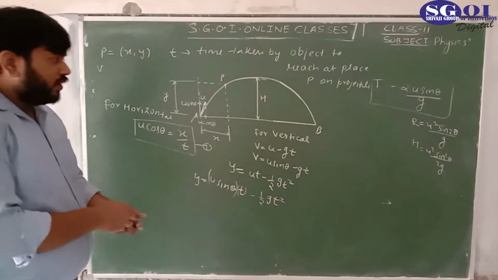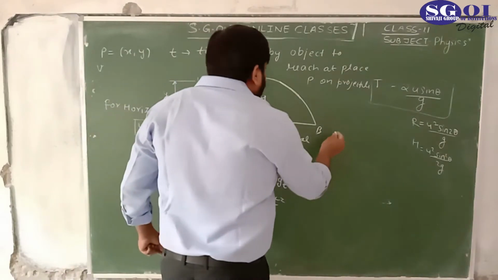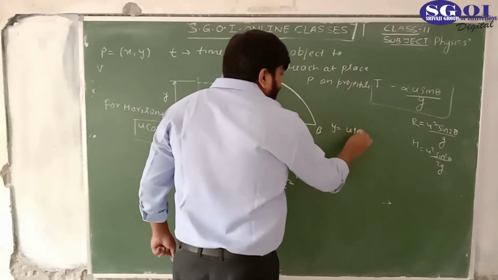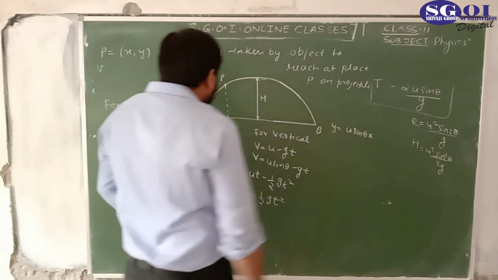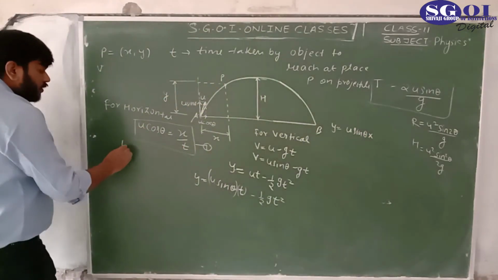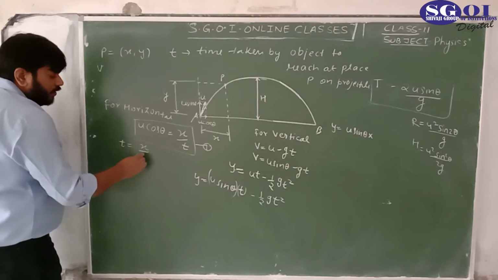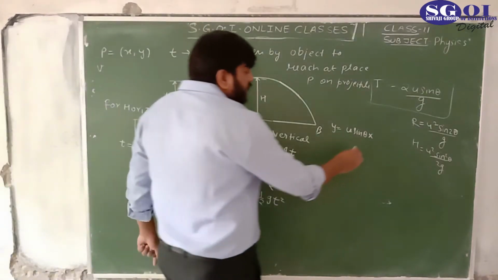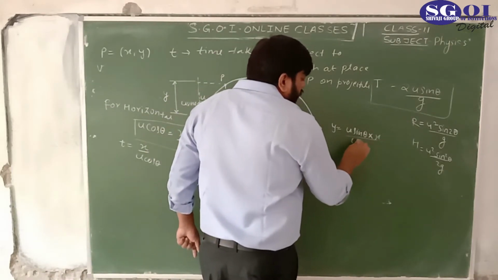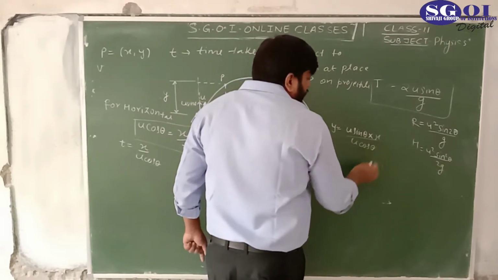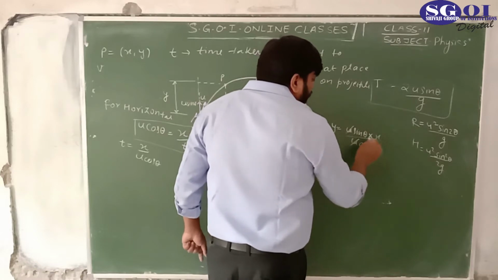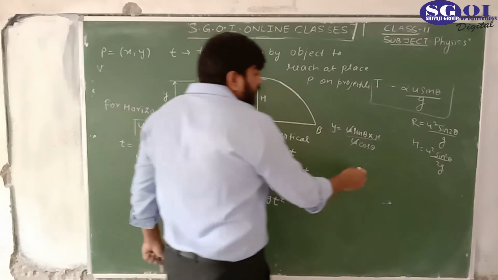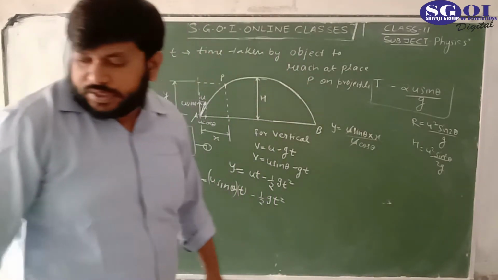So what we get finally: y equal to u sin theta into the value of t, which is t equal to x by u cos theta. So u cancels out, sin theta by cos theta would be tan theta, and there is one more term, minus half gt square.